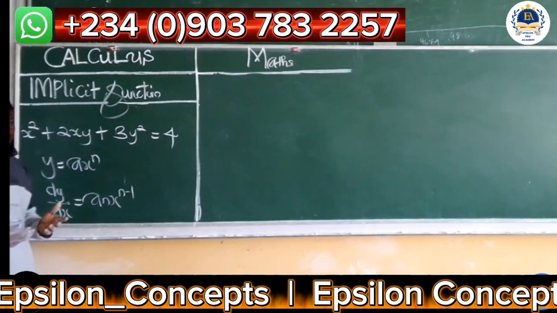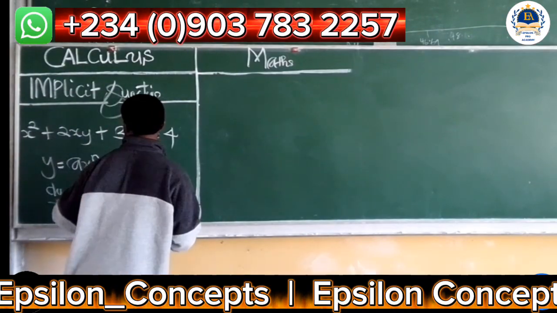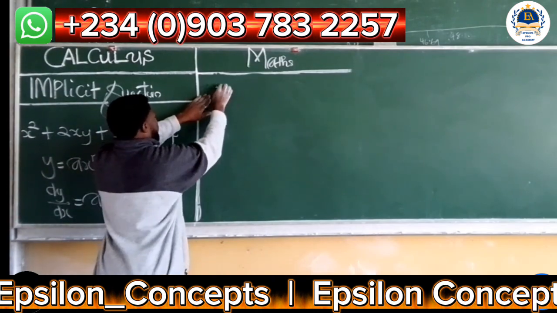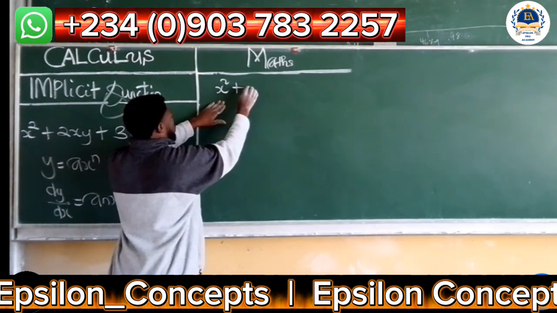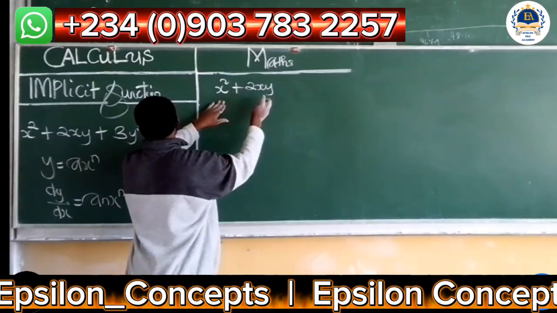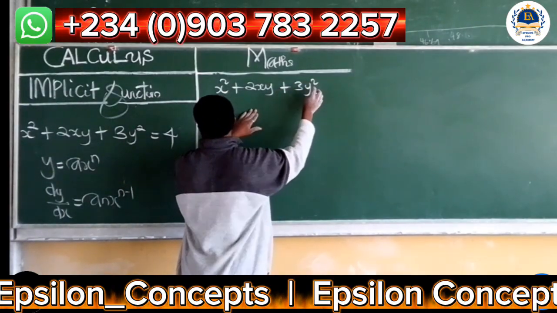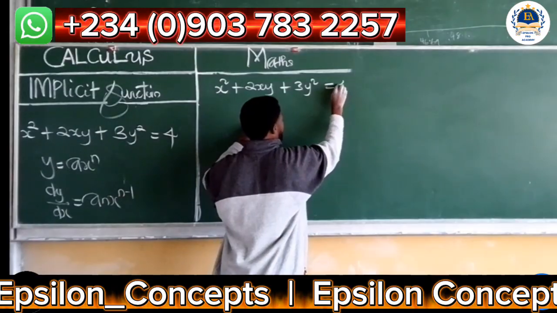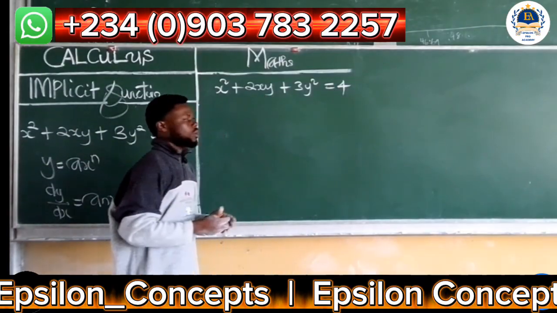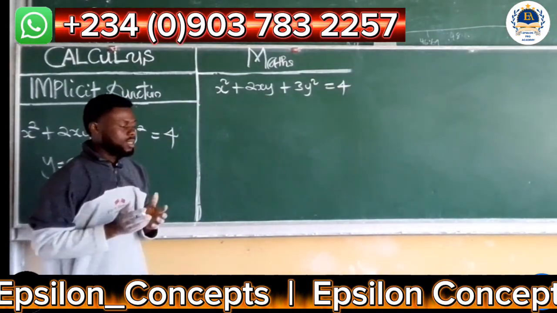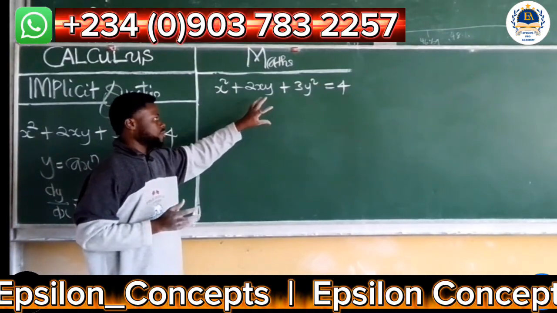Don't forget this formula. Now, the first thing we have to do, let me rewrite what we have here. x squared plus 2xy plus 3y squared is equal to 4. Now, we are going to find the derivation of each of the respective terms on the board.